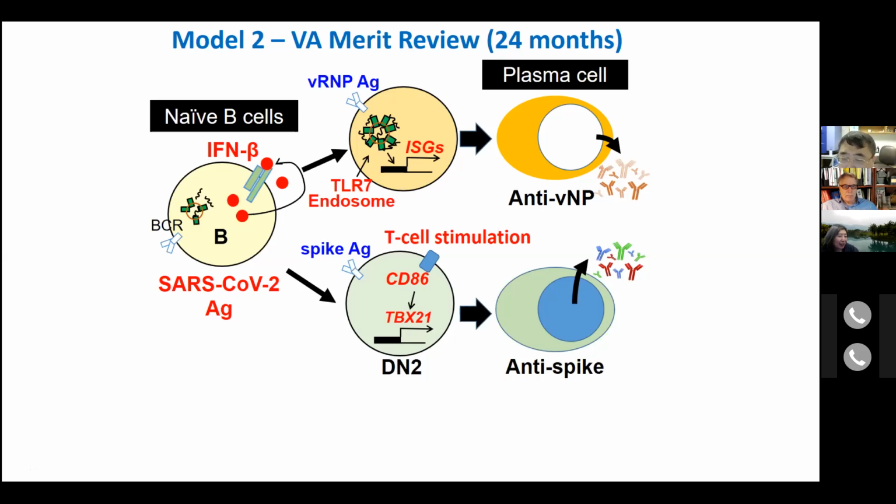So we struggled and came up with this model, that the spike is a foreign antigen that doesn't signal through the viral TLR7. It doesn't do that. So somehow this pathway acts through CD86, because interferon can stimulate CD86, and then this acts through TBX21, T-bet, and these are DN2 B cells, and these B cells produce the anti-spike.